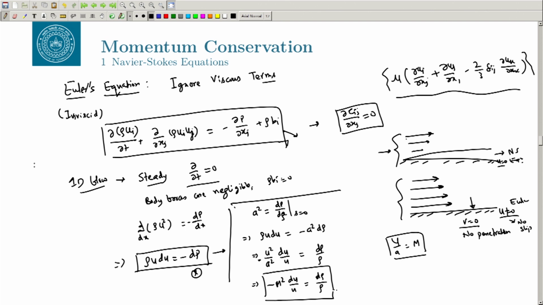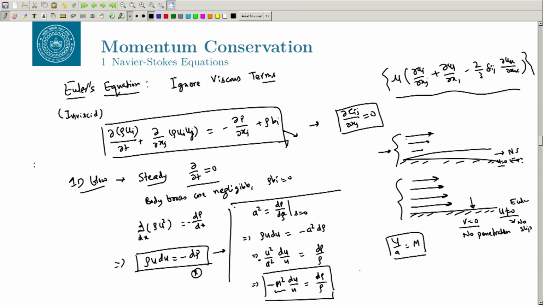What we got here is the relation between the change in density per unit density and the change in velocity per unit velocity. And you can see that it strongly depends on the Mach number, because the proportionality constant is basically M squared.